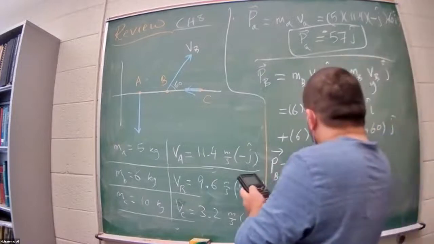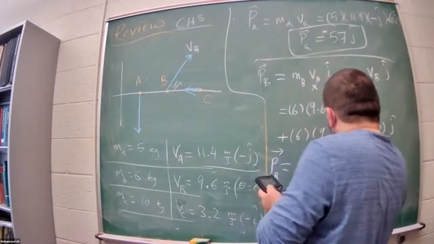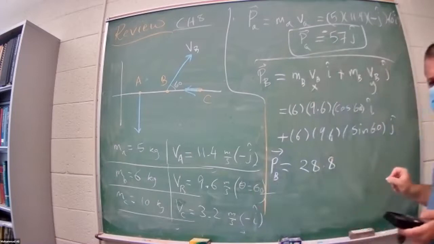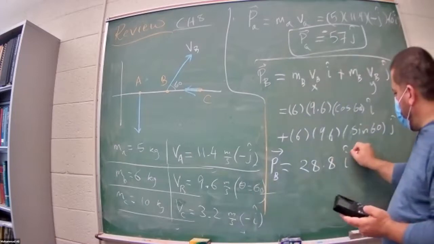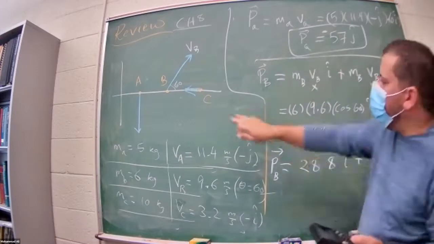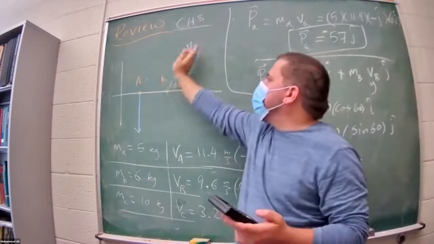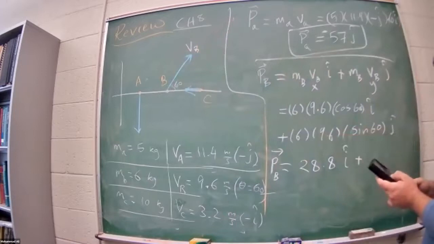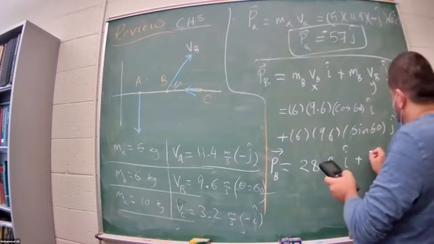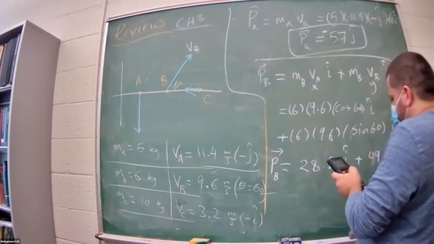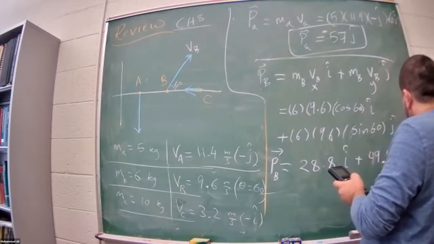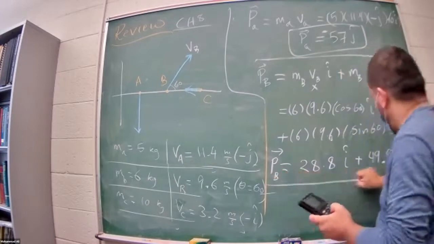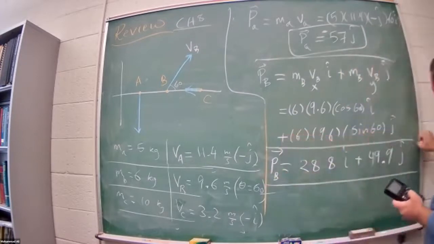It will be 28.8 I hat plus all of B's momentum in positive direction, plus we need to apply sign now, plus 49.9 J hat. Now we found PB.